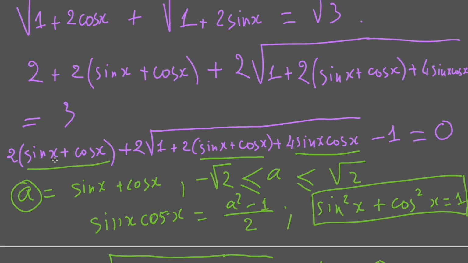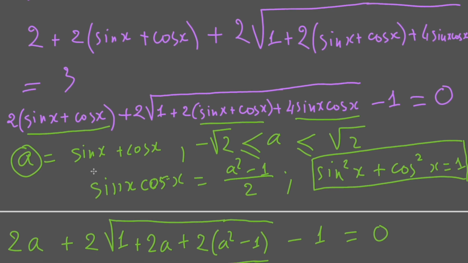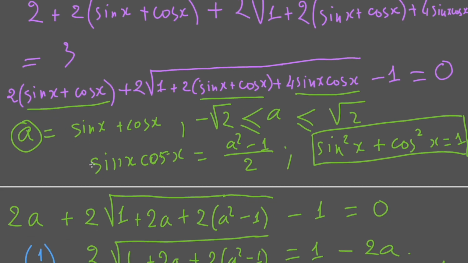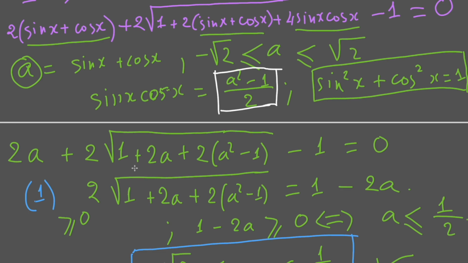In this case, we have sine x plus cosine x and sine x multiplied by cosine x. And we put in a substitution variable, so they have the connection between expressions as I explained. Then replace the expressions in x with the substitution variable in the equation.